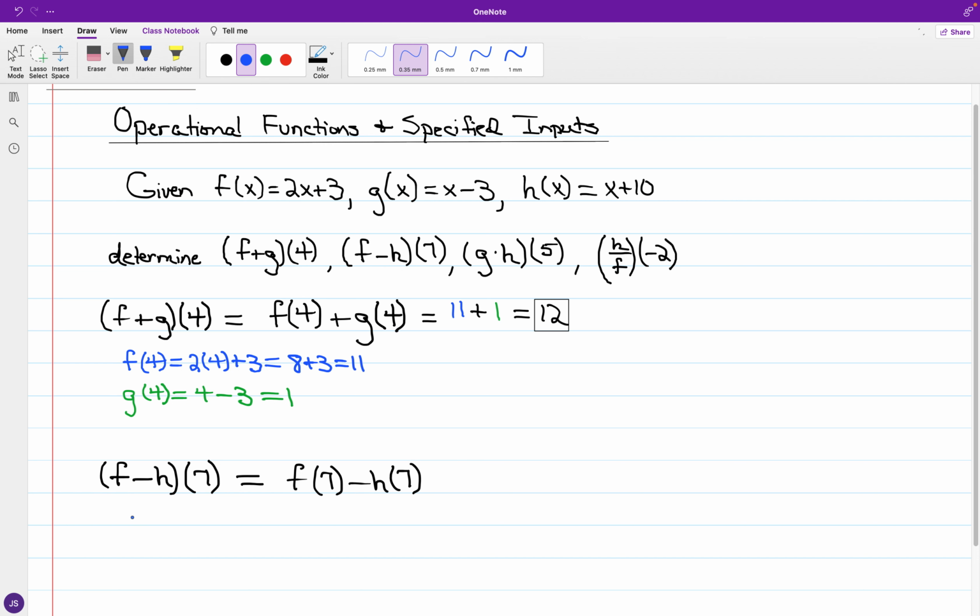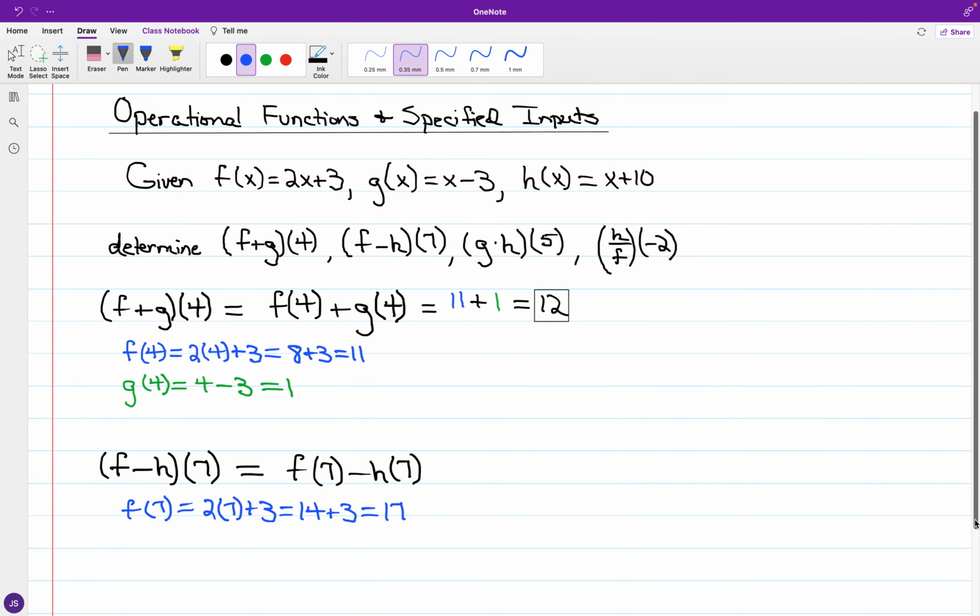For f of 7, again we have 2 times the input plus 3, with the input at 7. You have 2 times 7 is 14, plus 3, and so f of 7 is equal to 17.